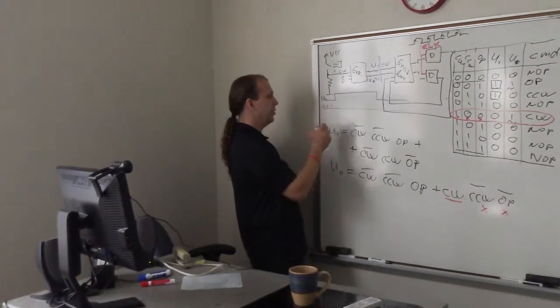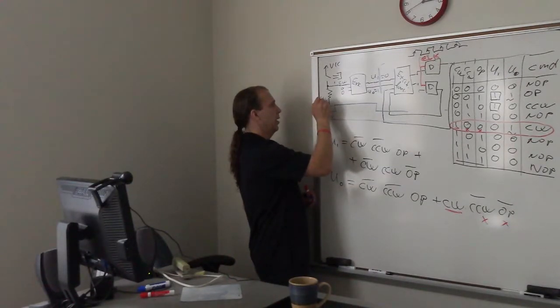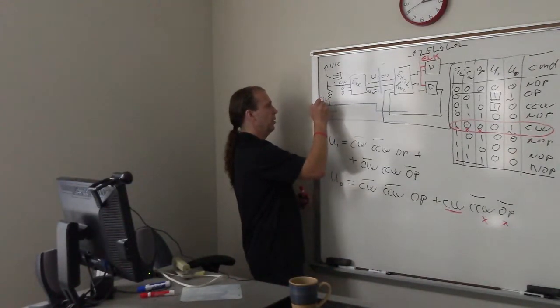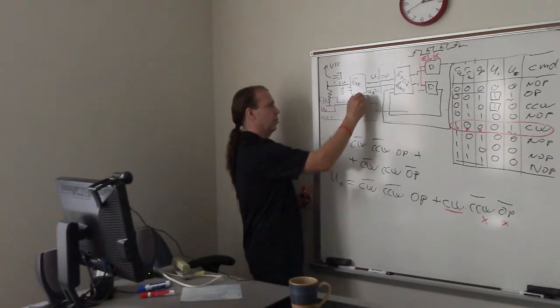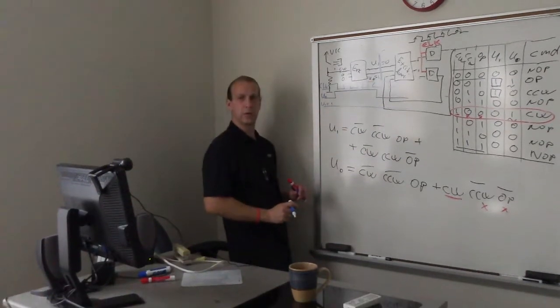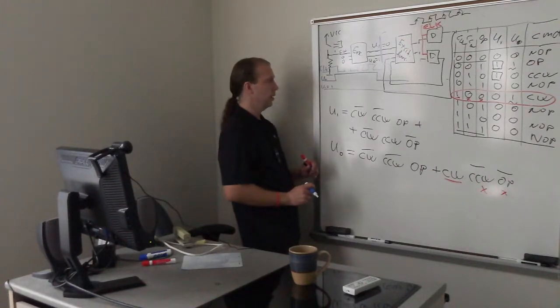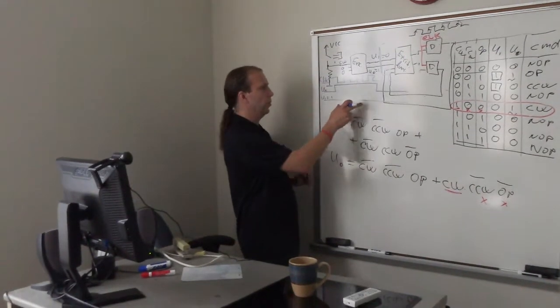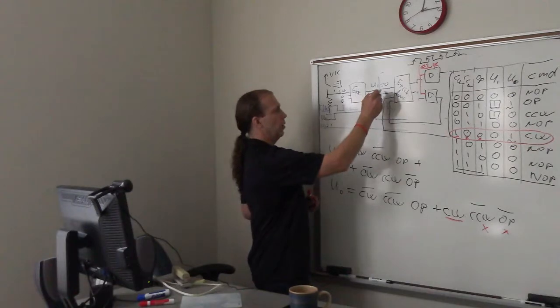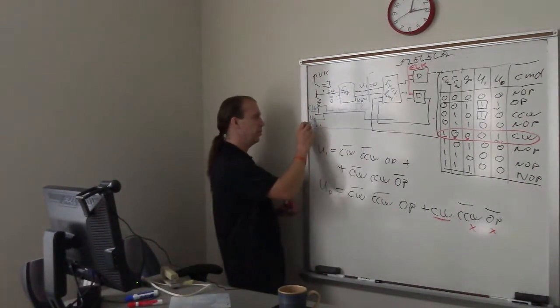And if we consider the clock signal, CLK, the clock signal will have transitions. That is our clock signal. What we want to do is change the way U0 and U1 are represented.